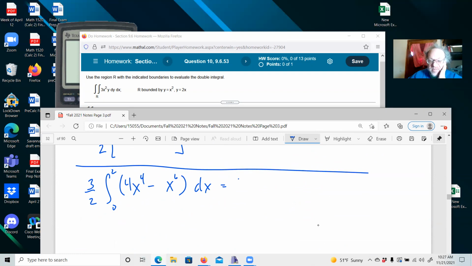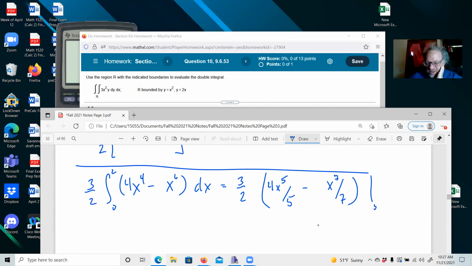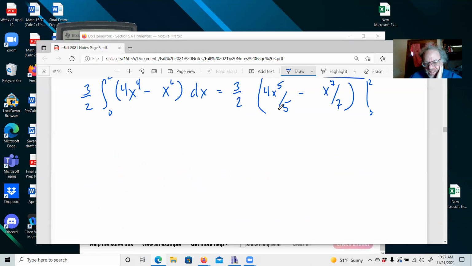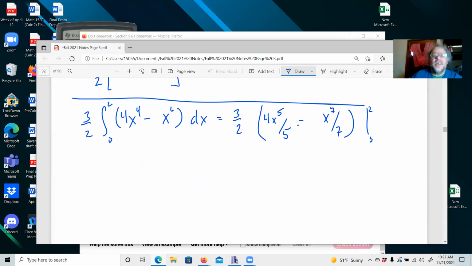So here we go. We have 3/2, and then here we have 4x to the 5th over 5, minus x to the 7th over 7. Now we're ready to go from 0 to 2. I thought that seemed a little too underwhelming as an answer. So here we go.